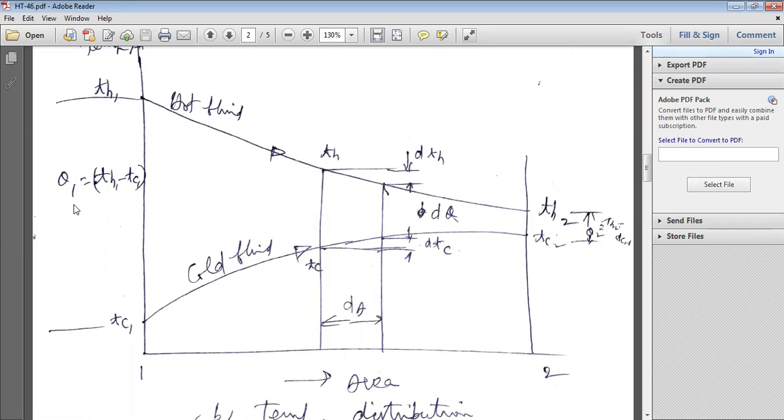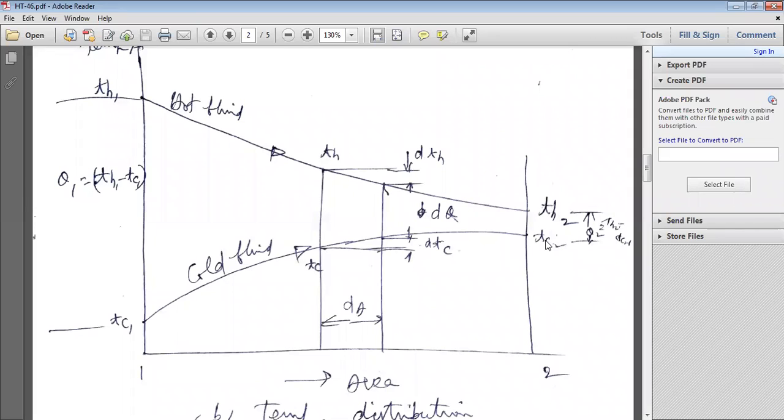Theta 1 is equal to TH1 minus TC1, where TH1 is the temperature of the hot fluid at the inlet and TC1 is the temperature of the cold fluid at the inlet. Theta 1 is the temperature difference at the inlet of the heat exchanger.